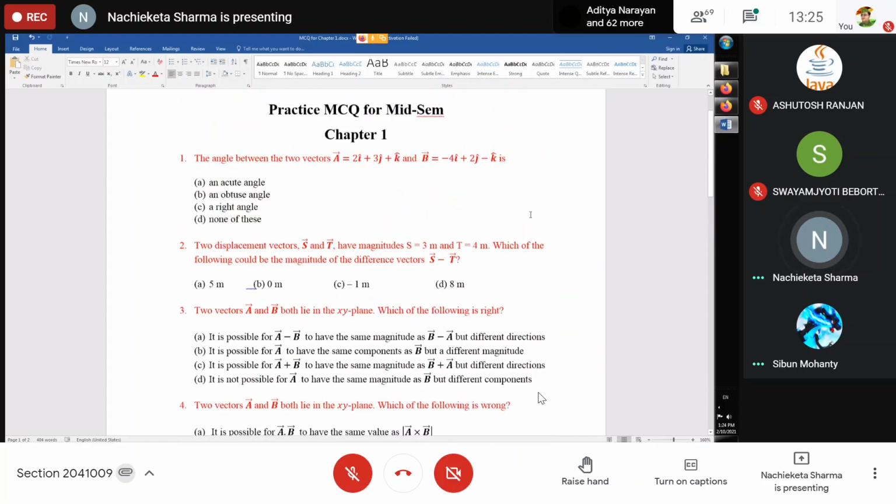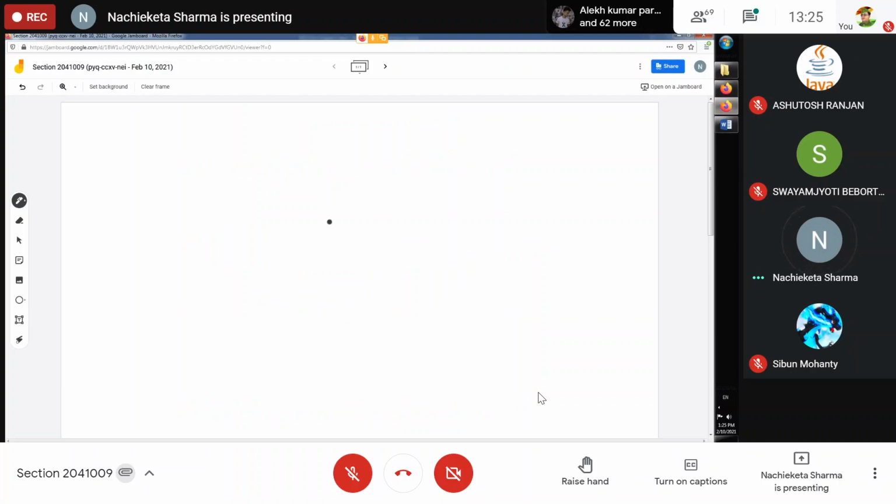Question number 2. Okay. Two displacement vectors S and T have magnitude S is equal to 3 meter and T is equal to 4 meter. Which of the following could be the magnitude of the difference vector S minus T? Okay. So S is a vector. No angle is given, only magnitude is given.